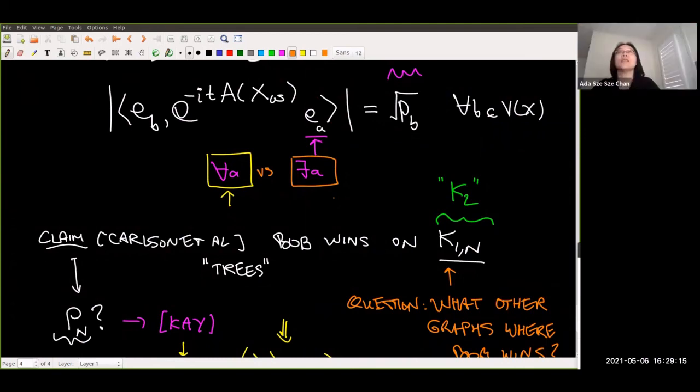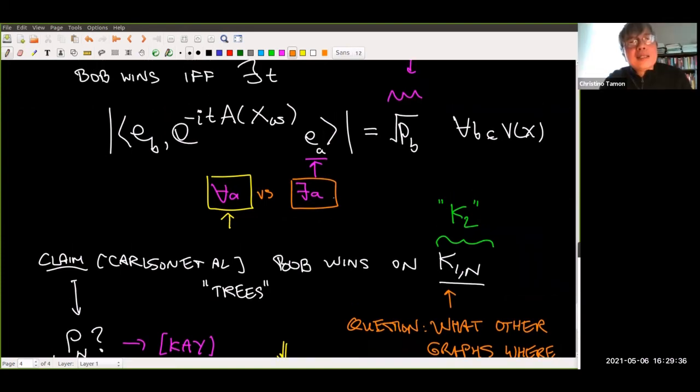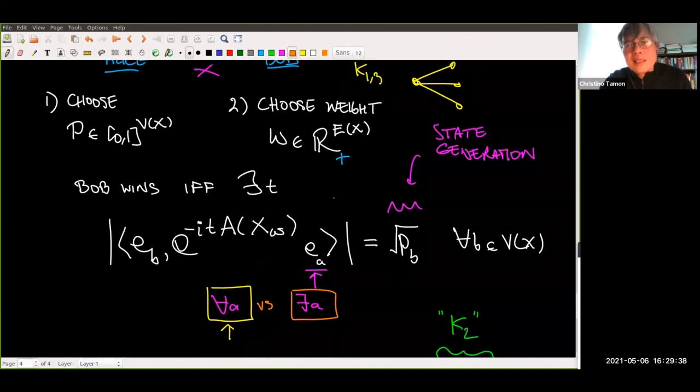So Harmony asks, what if he can only add weighted loops? I don't know if this is known, but in the paper, do they add loops as well, or do they just change the weights? You mean on the edges?